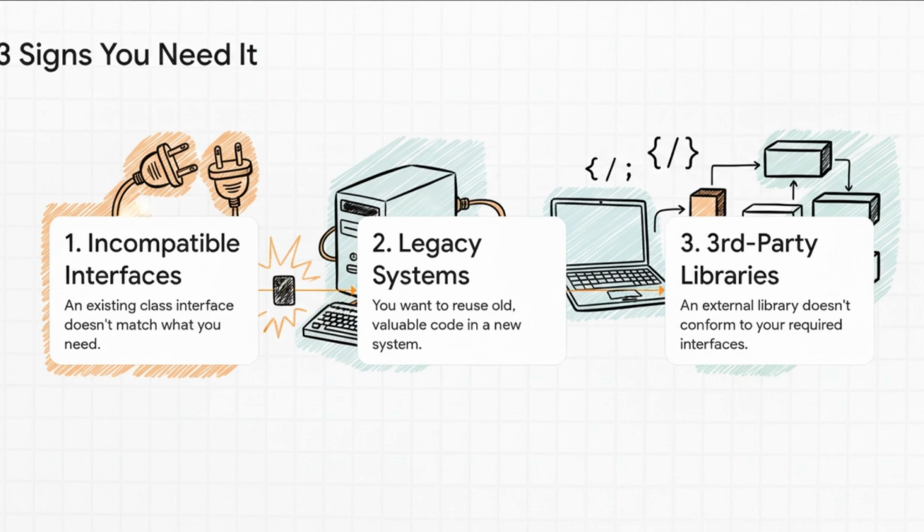Number two, you're trying to bring old, valuable legacy code into a new, modern system, our printer example, basically. And number three, and this one happens all the time, you're using a third-party library, and surprise, surprise, it wasn't designed to work perfectly with your application's interfaces. In any of those situations, an adapter is going to be your best friend.